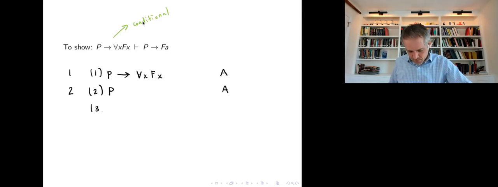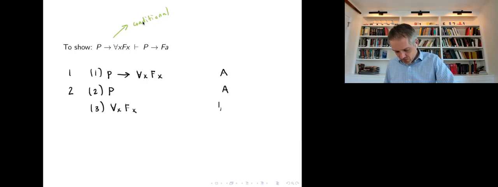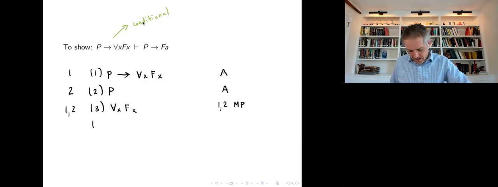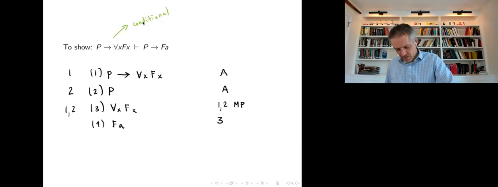Once I assume P, I can break the premise on line 1. So 1 and 2 modus ponens gives me for all x, Fx. And now I can get my Fa from line 3, universal elimination.